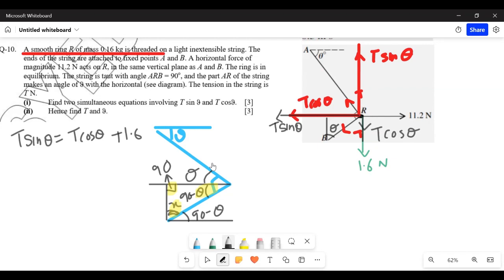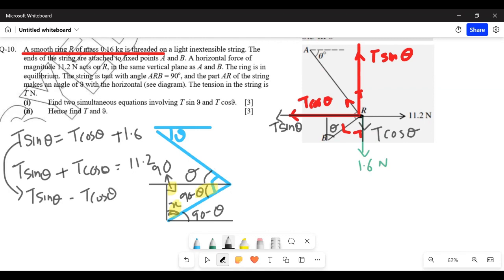Okay. And now we're going to equate the left and the right forces. So again, we have T sine theta plus T cos theta equals 11.2. Okay. I'm going to rearrange the first one. It becomes T sine theta minus T cos theta equals 1.6.